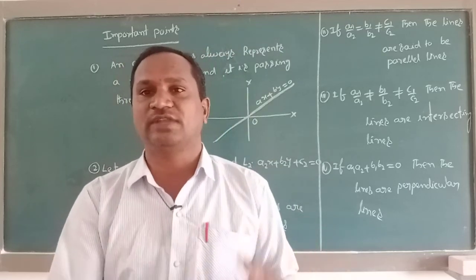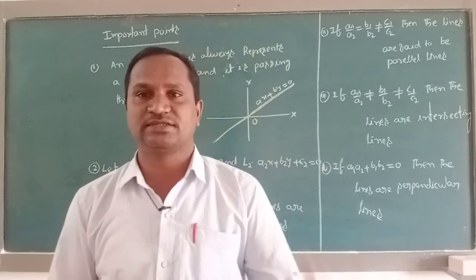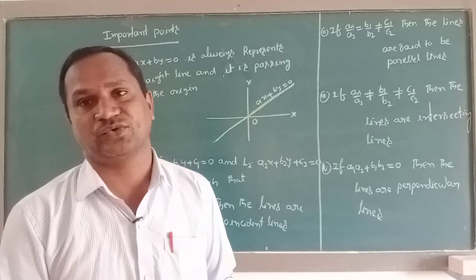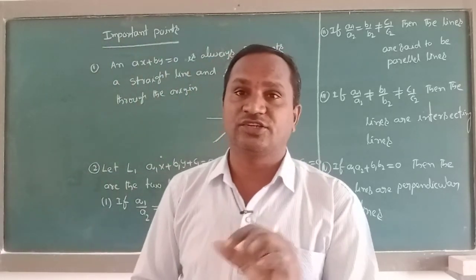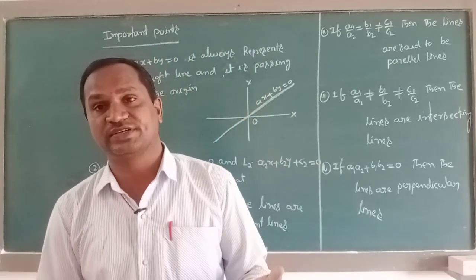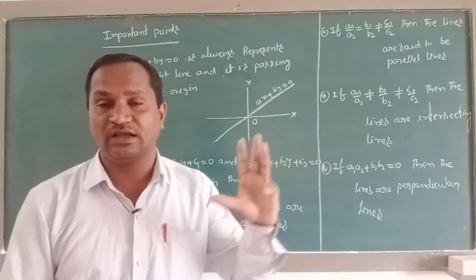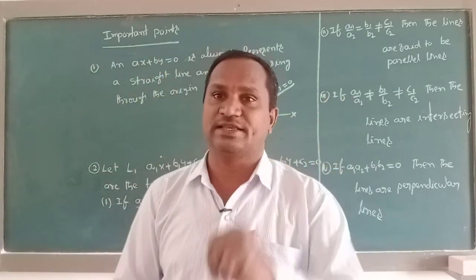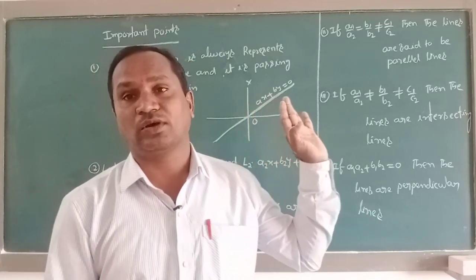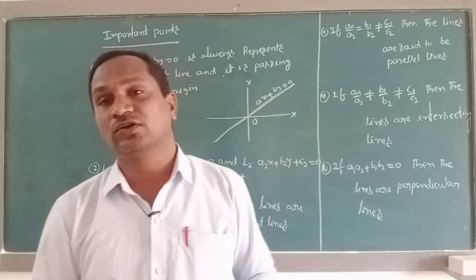If they ask a question like this, show that the given two lines are perpendicular, parallel, coincident, or intersecting, then we have to check the question with the help of all these 4 cases. Like that, today we gave 4 conditions to show the nature of the given two lines.